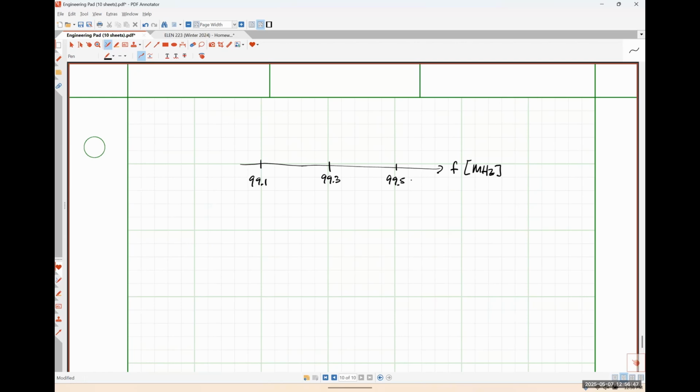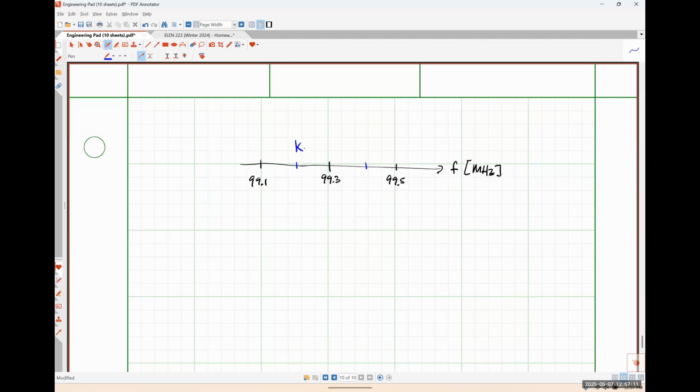So that means that at most, the bandwidth of our individual signal could extend to right here, the halfway point on the left-hand side, and right here, the halfway point on the right-hand side, because if it was any wider than that, we would accidentally pick up 99.3 when we were trying to listen to 99.1 or 99.5, okay?